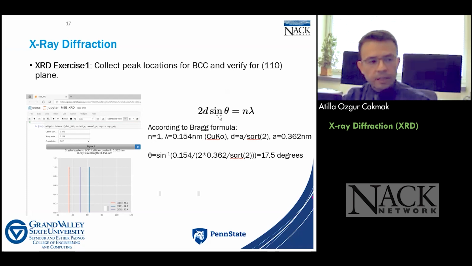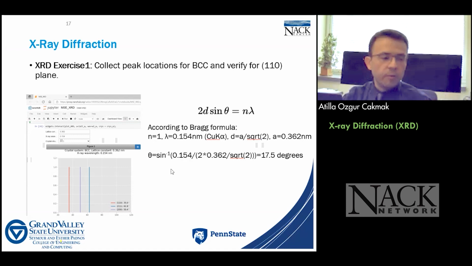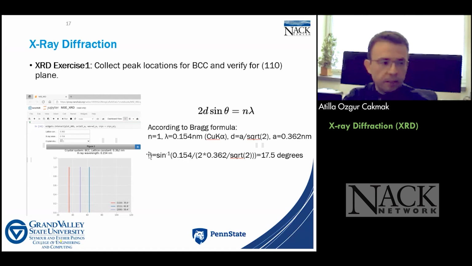Yes, so the student can understand, okay, d is related to the wavelength, the source of the X-ray that is hitting the structure, and theta is also related to the wavelength too. So we said that wavelength is proportional to that angle, and we said that d separation was inversely proportional to that angle. So they can understand it from the math, but if we are avoiding math, we can also show that to the students using these simulation tools.